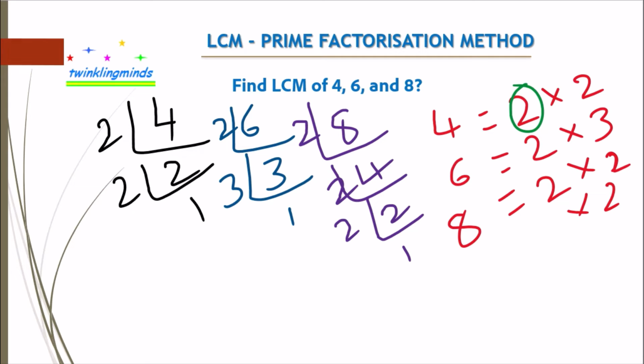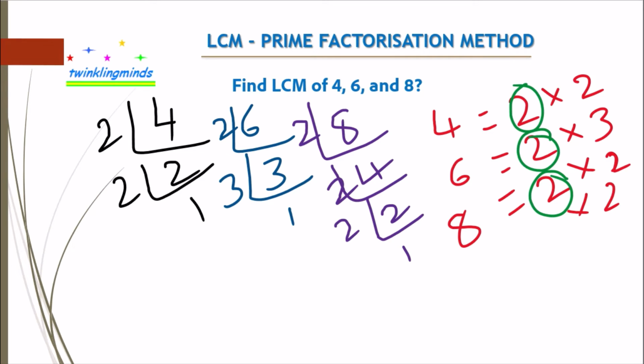Similarly, 6 is also having 2 as a factor, and 8 is also having 2, which is a factor. So we will not consider 3 2s here for finding LCM. We will only consider 1 2 for this group.